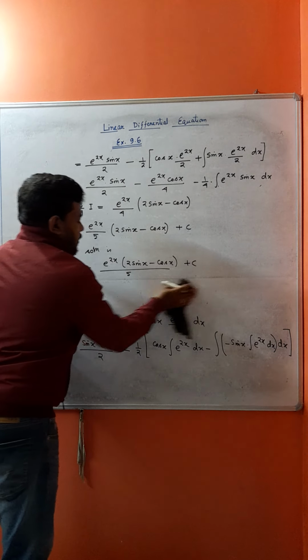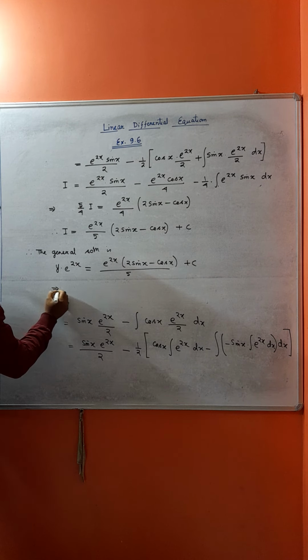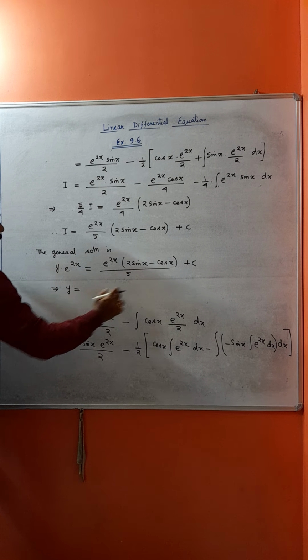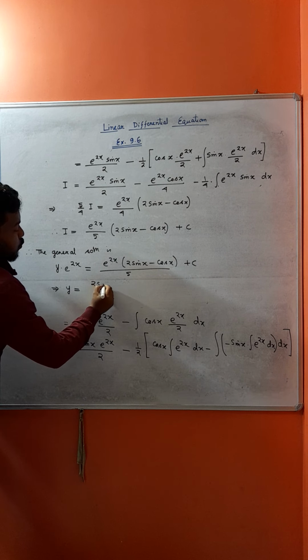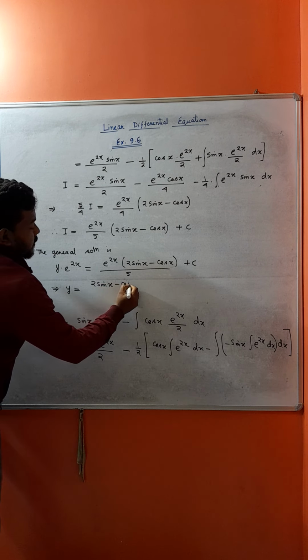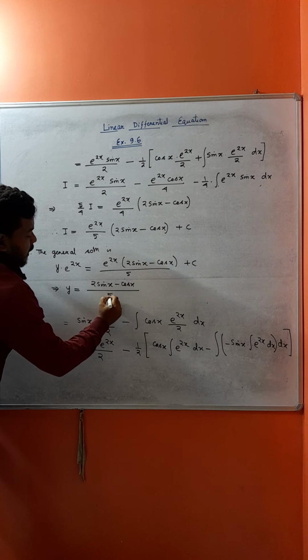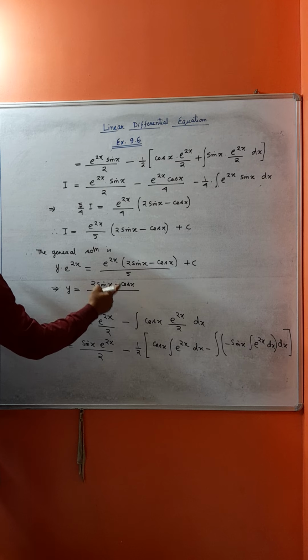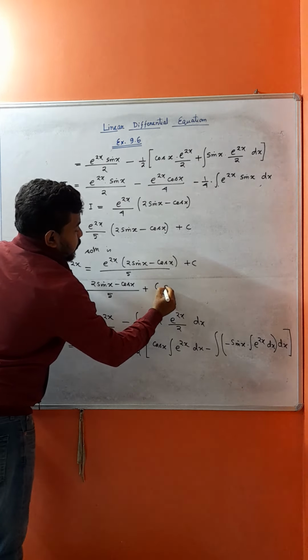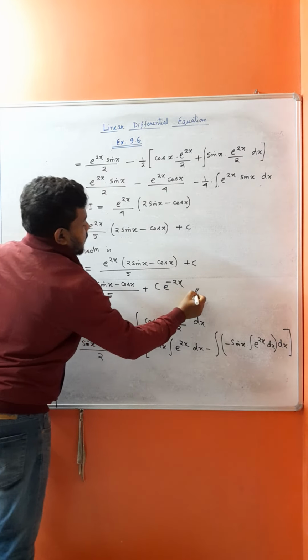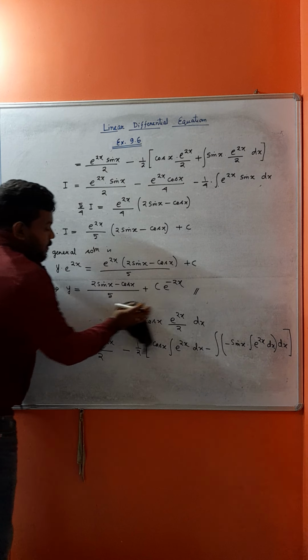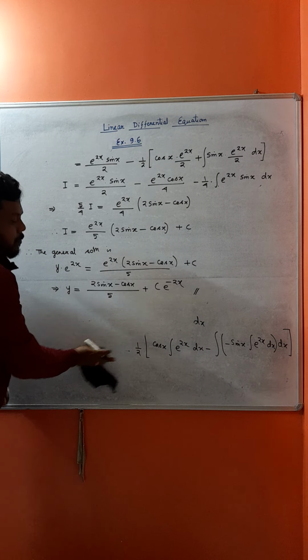It implies y is equal to, dividing both sides by e to the power 2x, we get (2 sin x minus cos x) by 5 plus c into e to the power minus 2x. This is the result of question number 1.